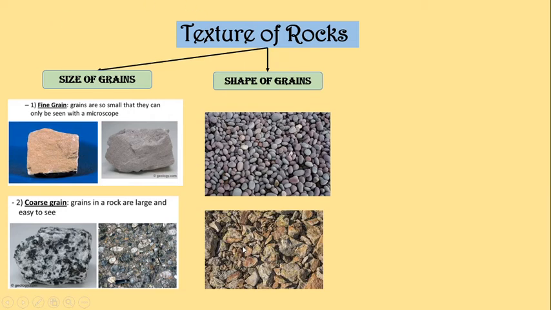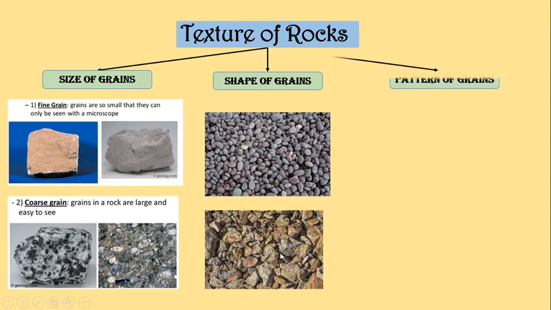And then there are also rocks that are jagged. Batu-batuan yang seperti itu adalah batu yang permukaannya kasar, ya, permukaannya kasar dan juga tajam. So there are two types of shape of grains that are smooth and rounded and also jagged.